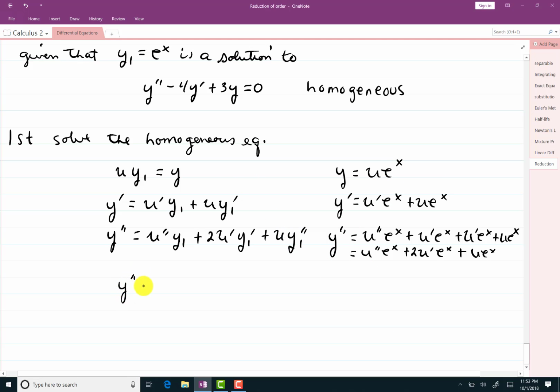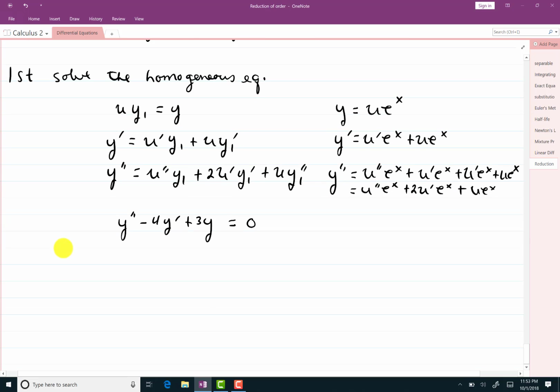Y double prime minus 4y prime plus 3y supposedly equals 0. I'm going to take an e to the x out of everything, so e to the x. So what will be left for my y double prime? I'll have u double prime plus 2u prime plus u.